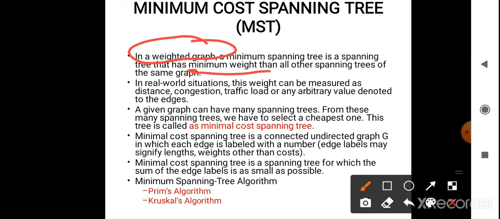Each edge has a cost, so this is a weighted graph. When we add the weights of all the edges in a spanning tree, the one that provides the minimum cost is known as the minimum spanning tree. In a real world situation, this weight can be measured as distance, congestion, traffic load, or any arbitrary value assigned to the edges.